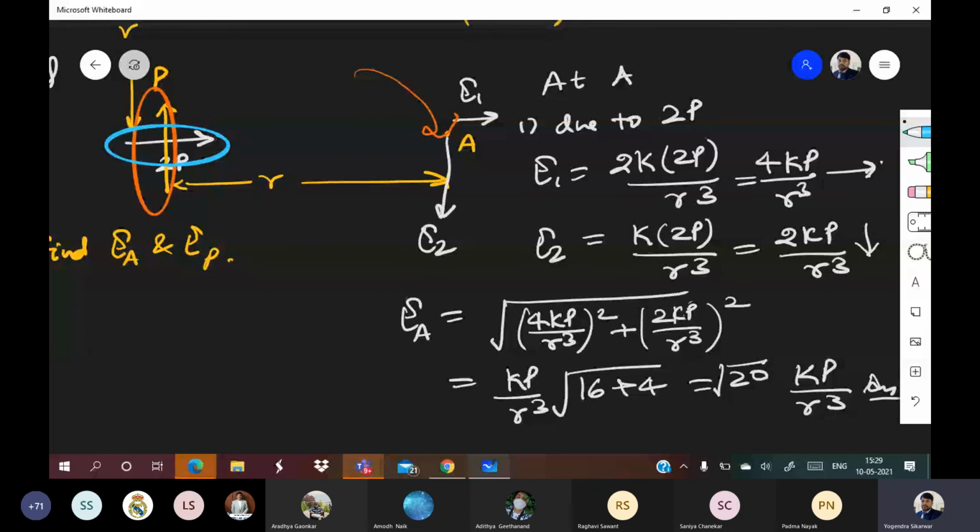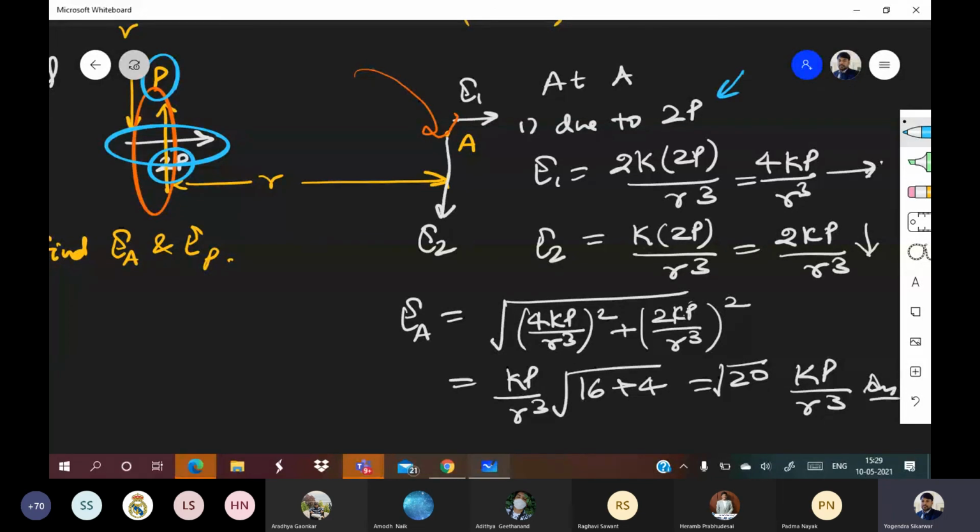Sakshi, this dipole is actually 2p. You have not paid attention to that. So the formula is Kp upon R cube, but p here is 2p. Are you getting it? One dipole is p and one is 2p. Just a second.